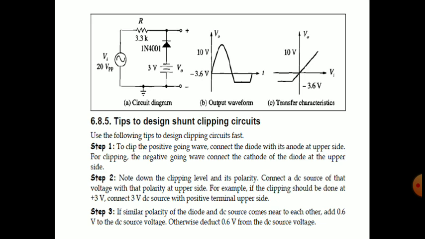And how the 0.6 volts will be added or subtracted with the DC source depending on the polarity connections, right? These are the tips with which you can easily design particular clipping circuits.